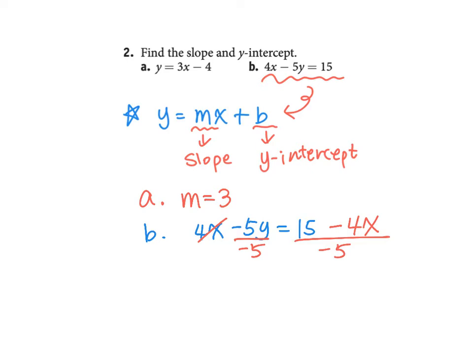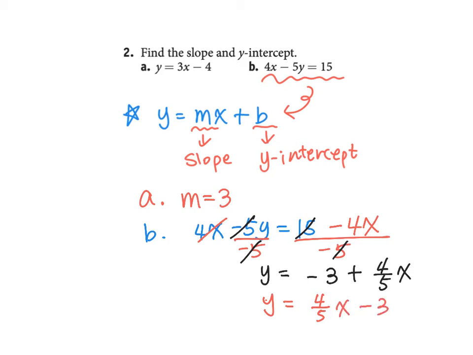All right, so this will be canceled. We have y equals, this will be simplified as negative 3, and negative negative becomes positive 4 over 5x. So let's rewrite it in slope-intercept form, y equals 4 over 5x minus 3.